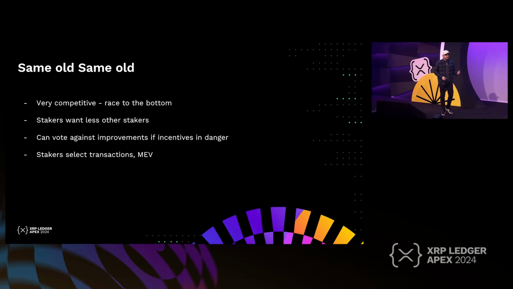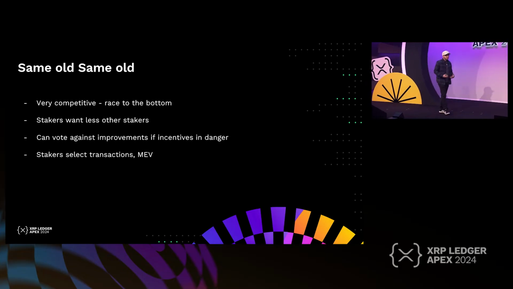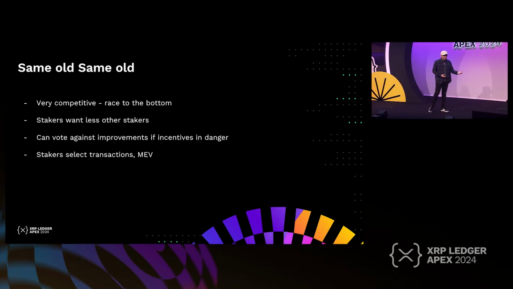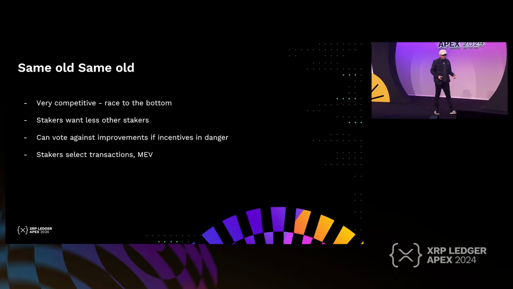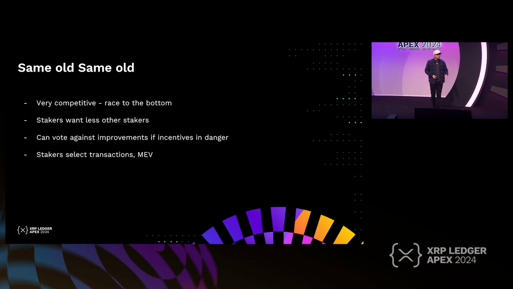You have stakers, they want fewer other stakers, because the more proportional stake I have, the higher chance I have to win a block and get the rewards. And yeah, stakers are also able to select the transactions, think of dictator of the moment. They also act against the user. So you see already the two sides here, the users and the operators, they're not working together because of the incentives.